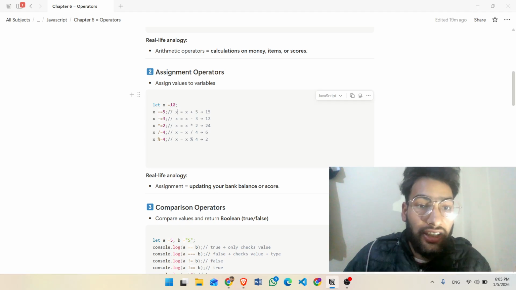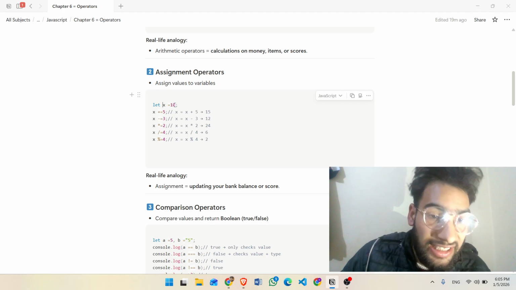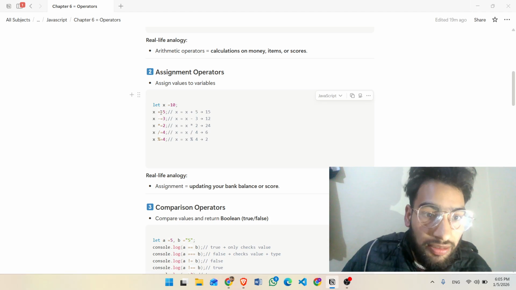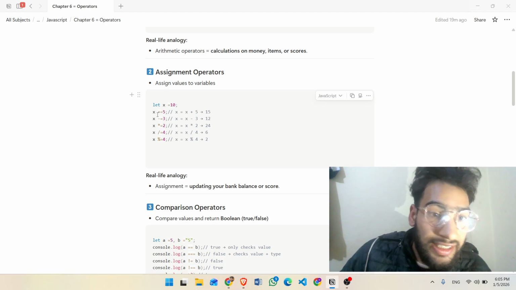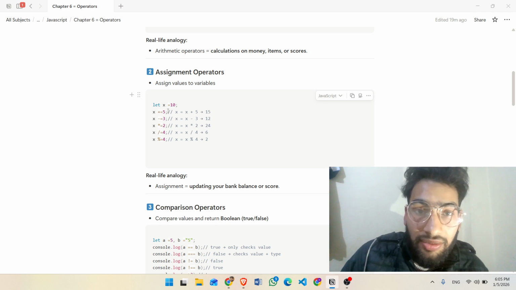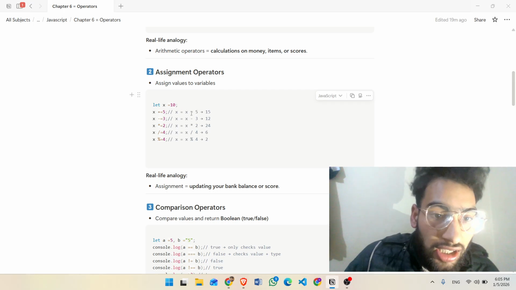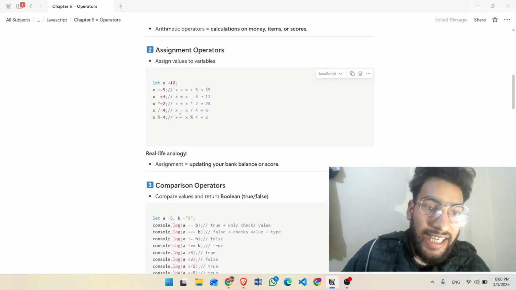The initial value of x is 10, right? Plus equals 5 means we should add 5 to 10. So when we add 10 plus 5, it gives 15.